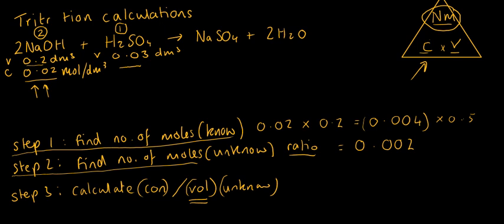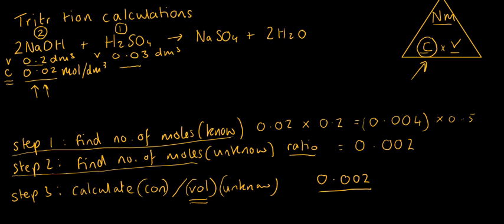Most of the ratios are really quite simple to work out, but step 3, calculate the concentration or the volume, and in this case it wants us to try and calculate the concentration of the unknown. So if you pause the video and see if you can do this. Okay, so hopefully you've realized that we're trying to calculate concentration, so I'm going to cover up concentration, and concentration is going to be number of moles, 0.002, divided by my volume.